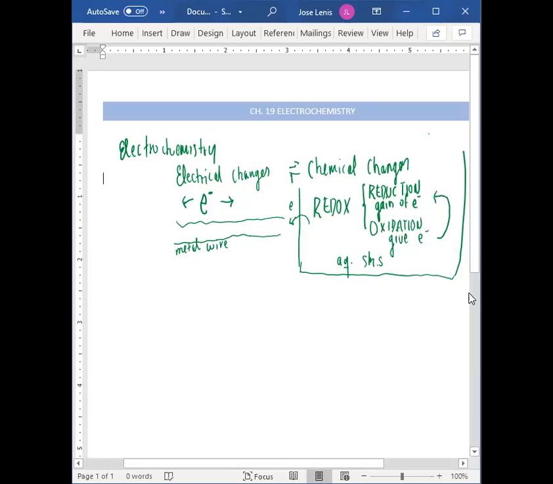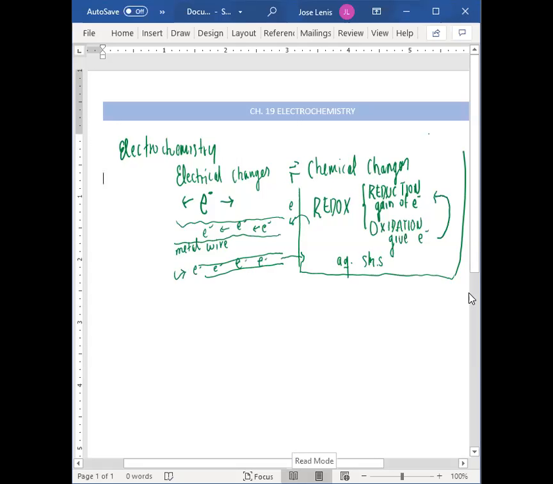So let's say we have a copper wire there, and the electrons can flow through this metal wire. That flow of electrons can occur in two different ways. And that is going to make the difference between the two apparatus.